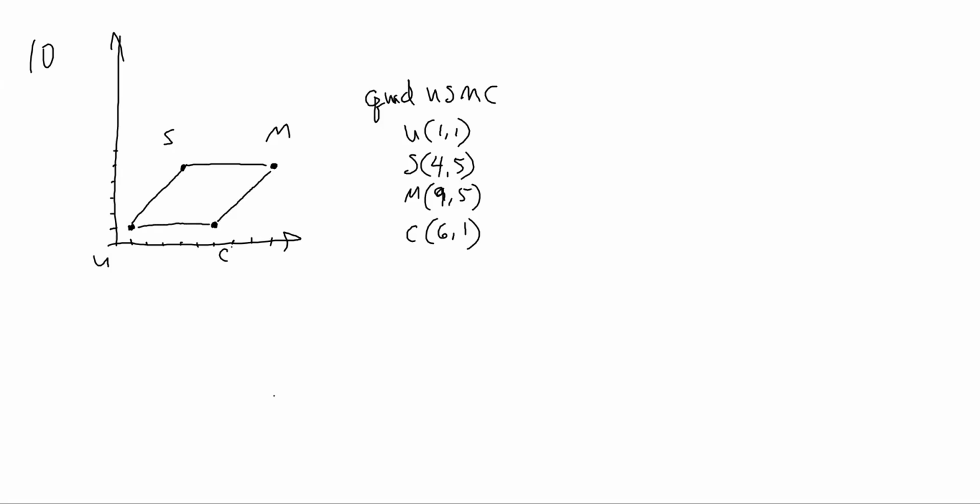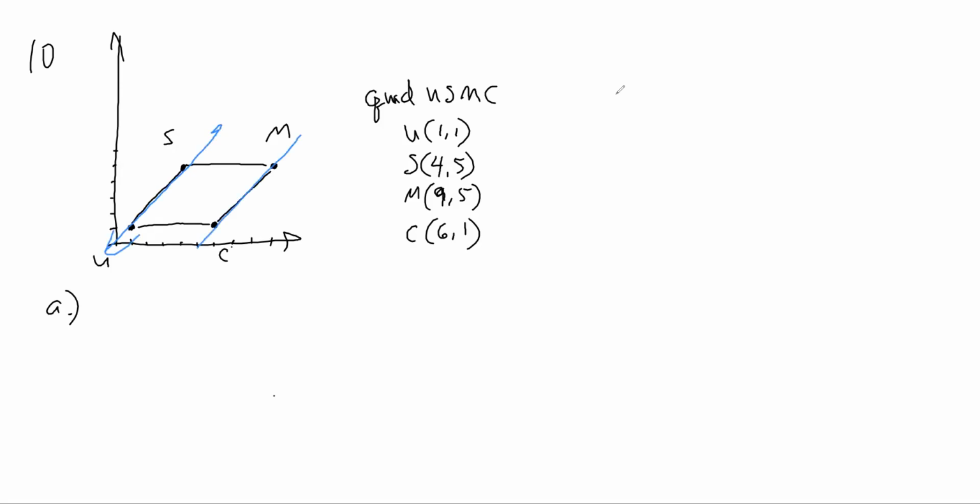And part A is verify the quadrilateral USMC is a parallelogram by finding the slope of each side. All right, so this is a verify that it's a parallelogram. When we know something's a parallelogram, it means they have parallel sides, opposite sides are parallel, and that runs in both directions.